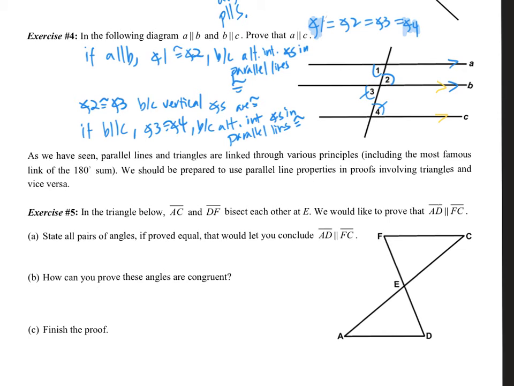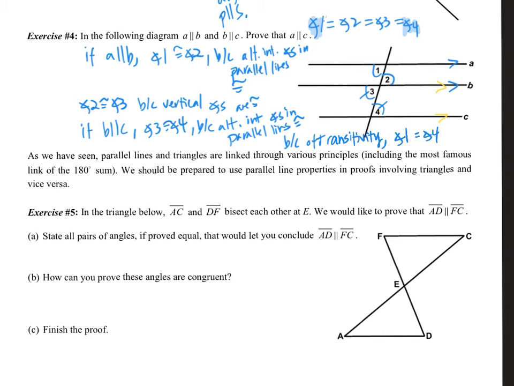So angle 1 and angle 4 would therefore be alternate interior angles to lines A and C. Because of transitivity, that's what we call this property when we have a long line of equations that we just strung together because we saw that one part kind of latched onto the other. So because of transitivity, we have that angle 1 is equal to angle 4.